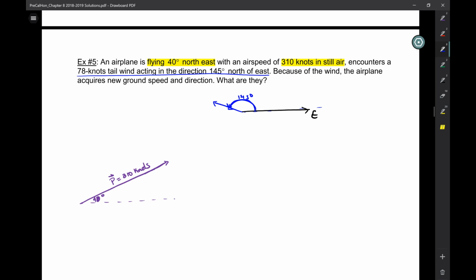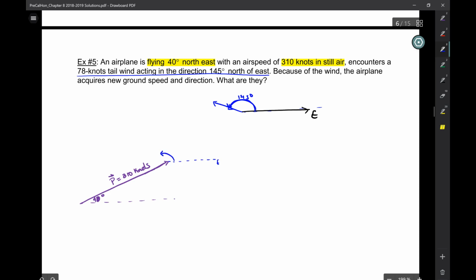Now, that vector is acting on this vector. So this is vector A and that's vector B. Where are we going to draw vector B? At the end of it, here. That's how we do it to be most efficient. At the end of it, if this is the direction east, 145 degrees is going that way.